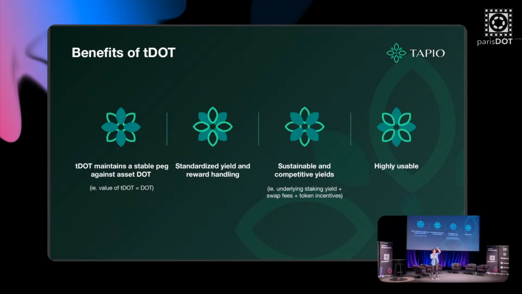When you're holding T-DOT, because it's backed by the DOT and LDOT liquidity pool, that pool is always over collateralized. So that also means that if you're a holder of T-DOT, you can always redeem back into either DOT or LDOT. And if you need to get LDOT back into DOT, you just need to go through the 28 days waiting period. So if you're thinking in terms of DOT as the unit of account, T-DOT can always go back into DOT. So that's the first benefit.